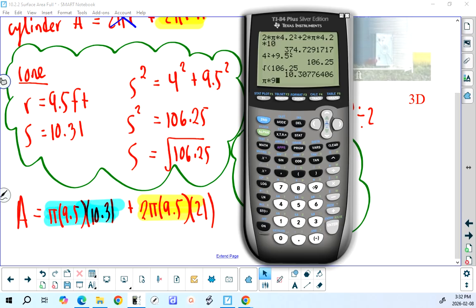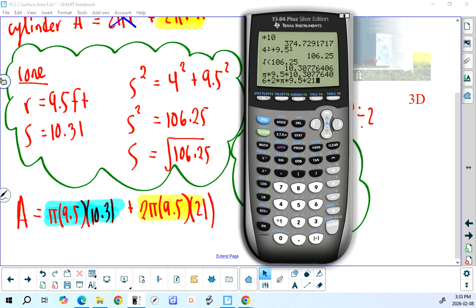Pi multiplied by 9.5 multiplied by 10.31. Well, I might as well just multiply by this. Correct that a bit. There we go. Pi times 9.5 times that whole answer plus 2 times pi times 9.5 times 21. Like I said, a lot of numbers.